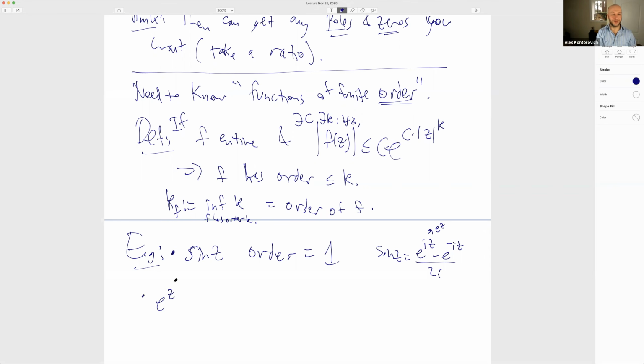e^(z^2) has order? There's a nice entire holomorphic function. The order is 2. Thank you, Kayla. e^(e^z) has order? Nice entire holomorphic function.